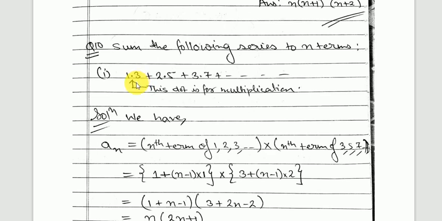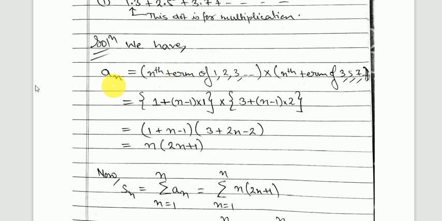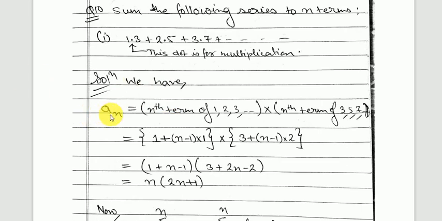Okay, so let's see. Here we have, firstly we got to write the nth term. So an equal to nth term of 1 2 3 and so on. Okay, because here you see it's actually each term consists of two parts, first part into second part.